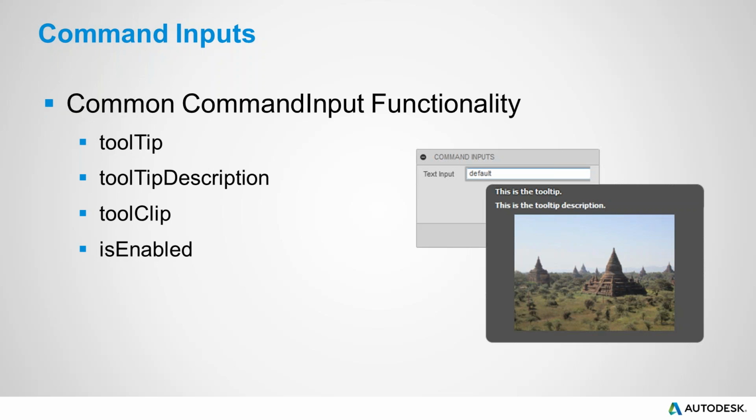And there's also an is enabled property, which sets whether the user can interact with that input or not. So maybe you want to disable it until some other inputs are provided, and then that one's valid. And there's is visible. Typically you would create all of your command inputs in the command created, but you might make some of them invisible.